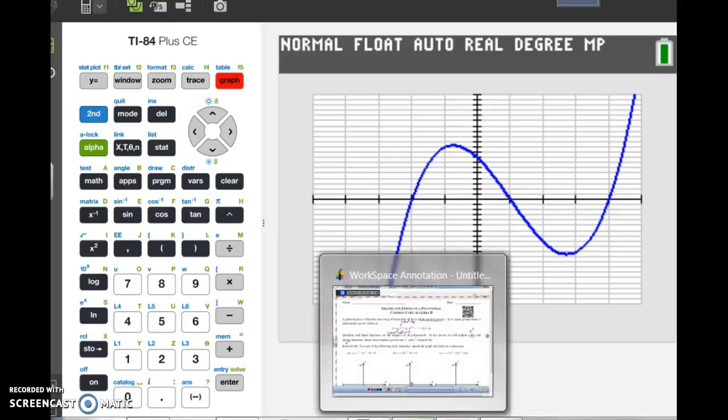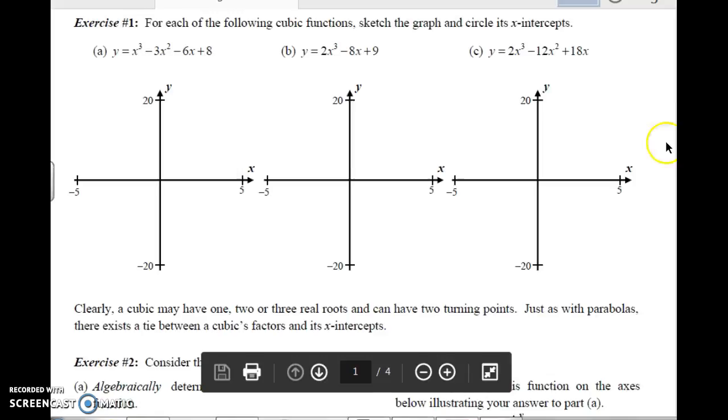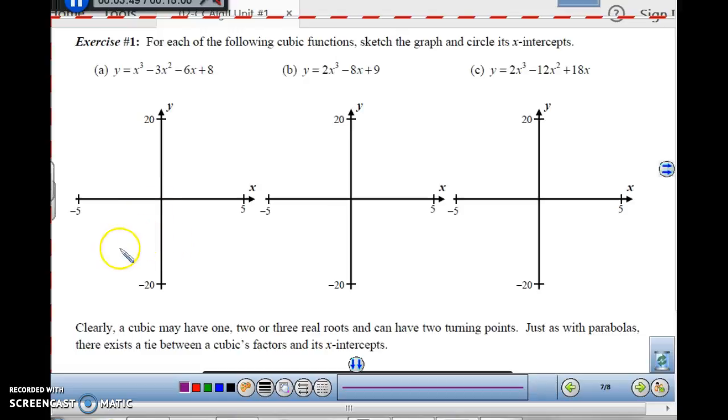All right, now let's graph this on our paper. So here's my paper. All right, so this went up like this, and then it came around and went down, and then came back up again like so. Okay.